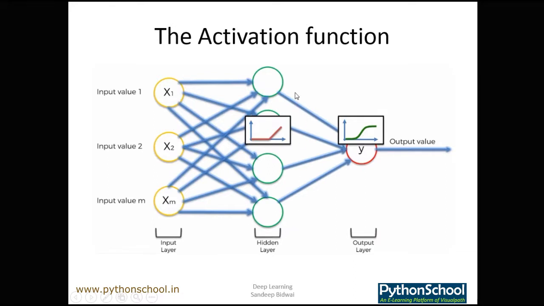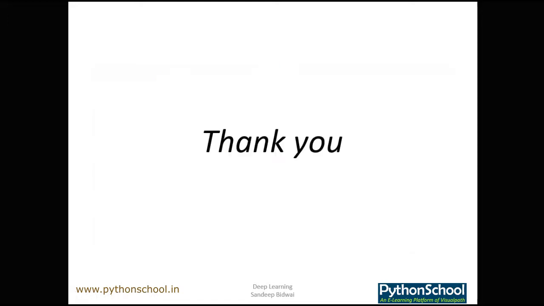Four nodes are at the hidden layer, where we have the rectifier function in place, and at the output layer we have the sigmoid function to produce the output value in the range of 0 to 1. As the sigmoid function is between 0 and 1, naturally the output would be in the 0 to 1 range.